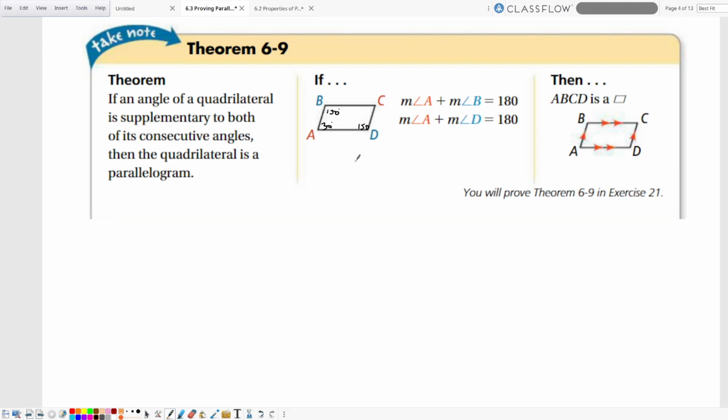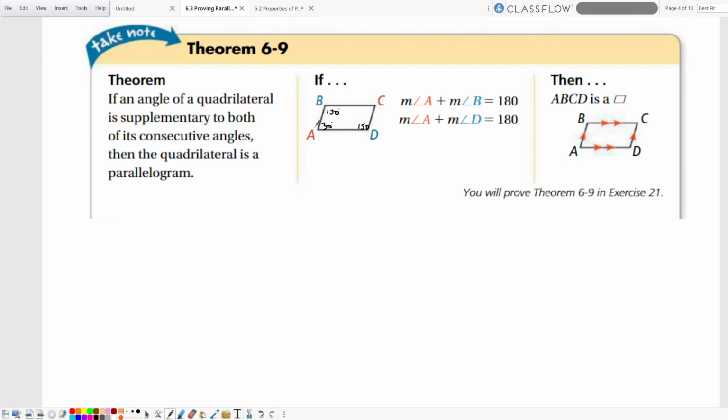Part of this is because all the angles have to add up to 360 degrees. Well, if you have 150 plus 150, you have 300. Then you add 30 to that, you get 330. The only thing left would be 30 degrees, and therefore that forces the angles.